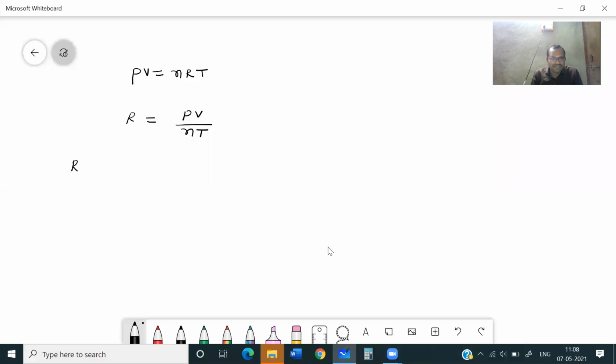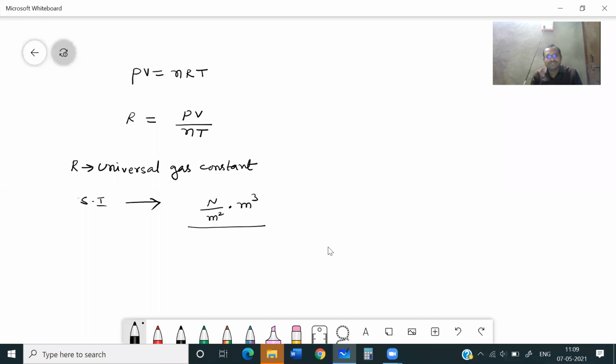What is R? R is the universal gas constant, and its SI unit I am writing. What is P? P means pressure. Pressure SI unit is Pascal, or it can be written as Newton per meter square. V is volume, SI unit meter cube. n means number of moles, so moles.